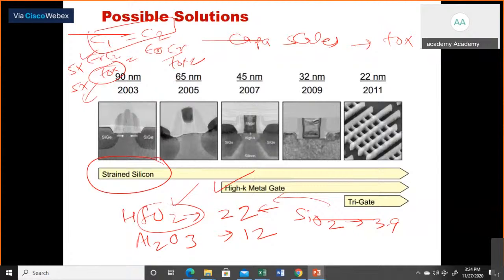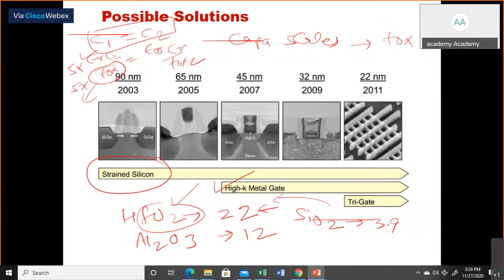FinFET and tri-gates are almost similar. Okay, and if you talk about Intel, they are currently working on this tri-gate architecture only. Right now, we are using 10 nanometer tri-gate Intel FinFET in our new processors and new laptops, right? Especially those are Intel-based processors.